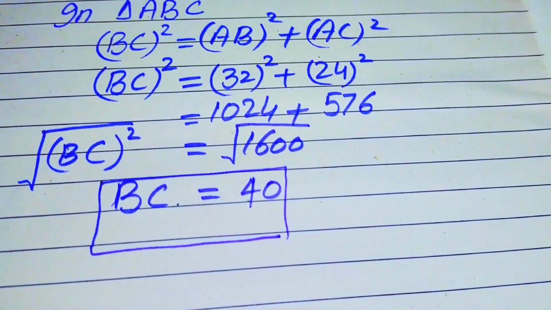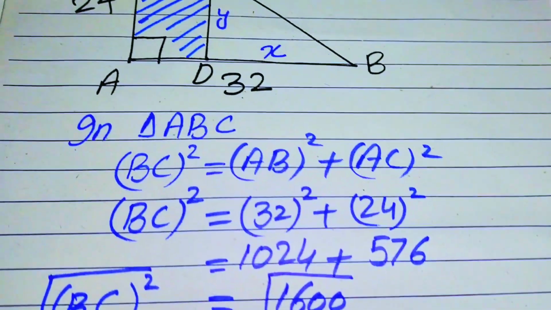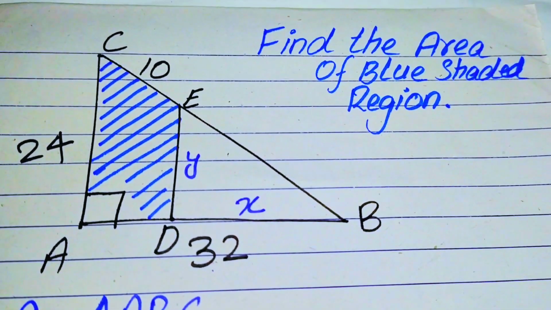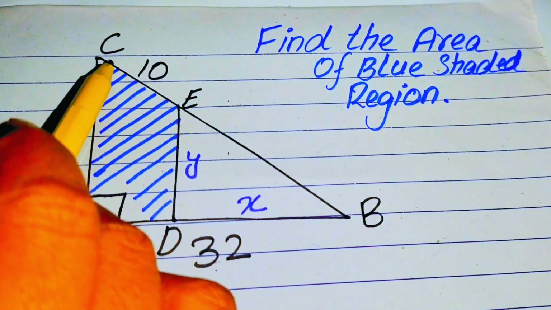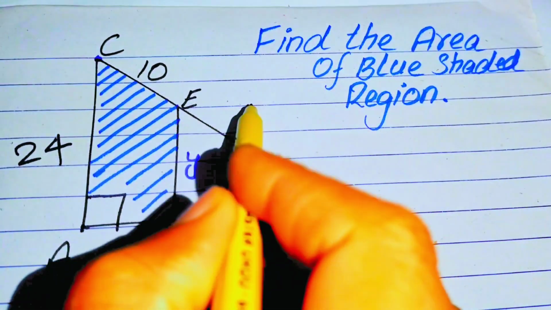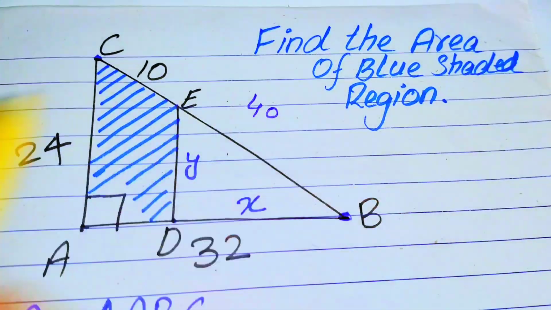So this is the value of the side BC. If you focus on this right triangle, then you see that this side is BC, so we denote this side length by 40.